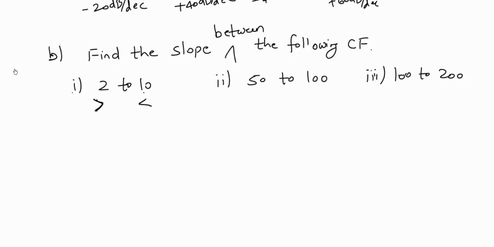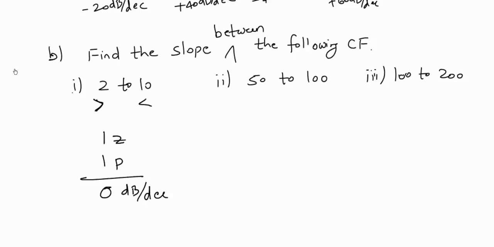In the transfer function, the poles and zeros up to 10 are: we have a zero at origin, so there is one zero, and also one pole at omega equal to 2. The zero will give me plus 20 dB per decade, and the pole will give me minus 20 dB per decade. So the overall slope will be 0 dB per decade.